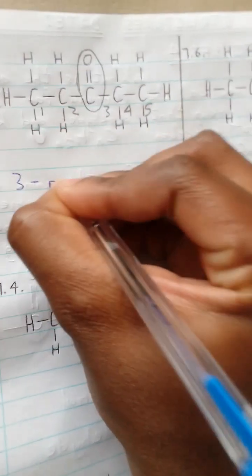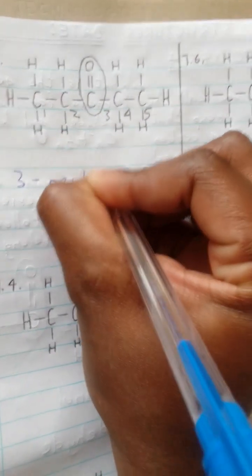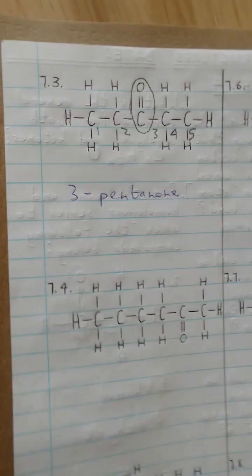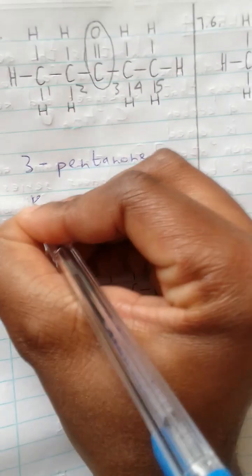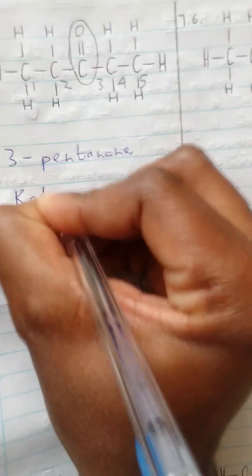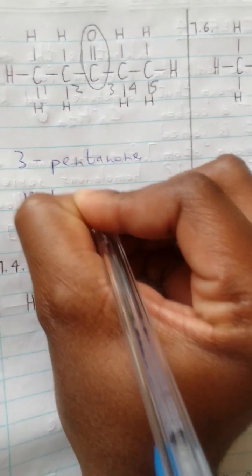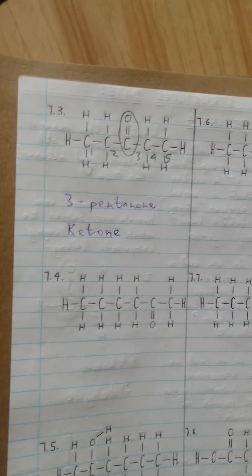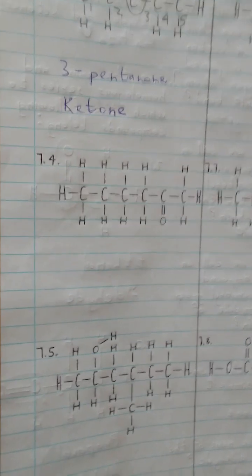You can say 3, it's pent. So 3-pentanone or pentan-3-one. And the homologous series is a ketone. I hope that makes sense.